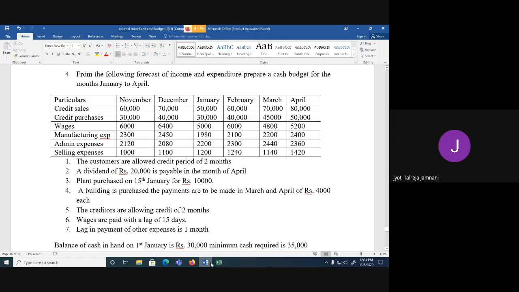So let's start with the problem. They've given you the details from November to April of all the expenses.